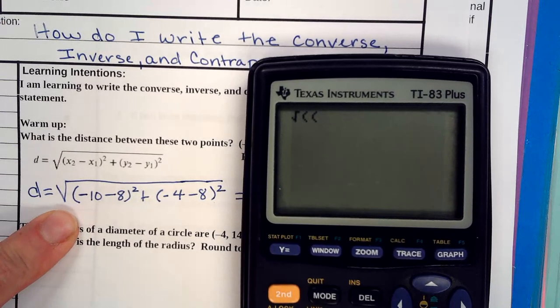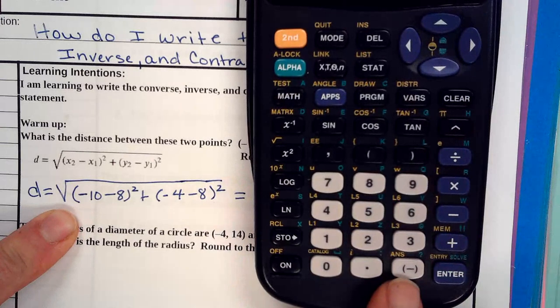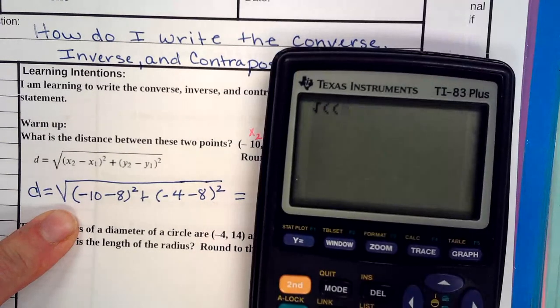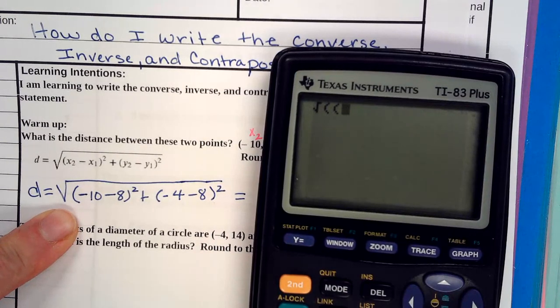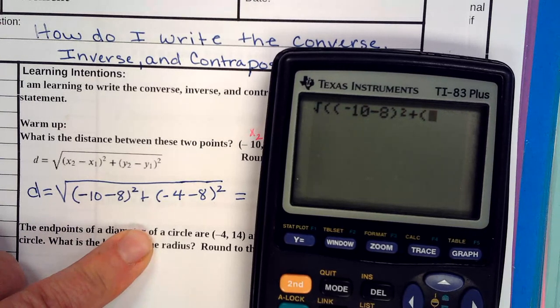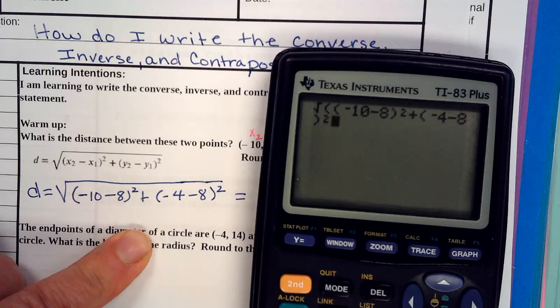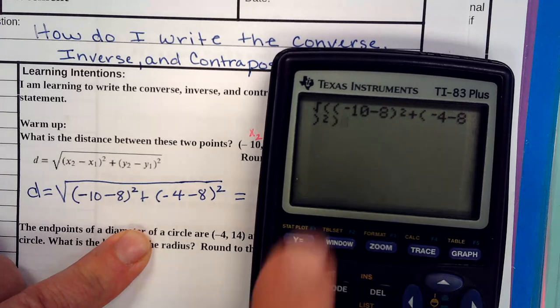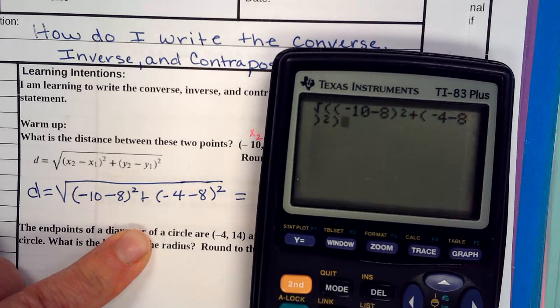So use your negative symbol. Do not use the minus or you'll get a syntax error. Negative 10 minus 8, close it and square it, plus parentheses, negative 4 minus 8, close it and square it. Now you need one more parenthesis to hold it all together.